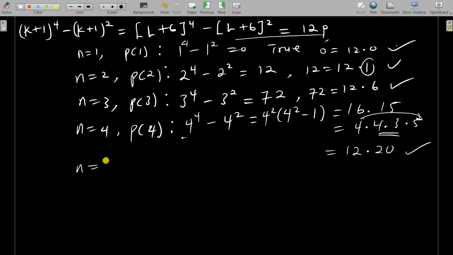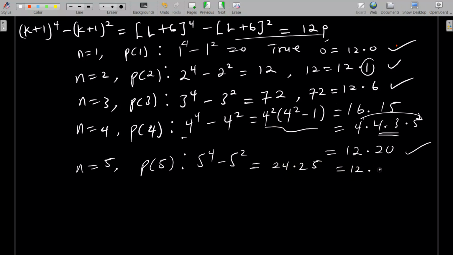When you do n equals 5, you realize that P of 5 is the same as saying 5 to the power 4 minus 5 squared, and if you do it well, you're going to get something like 24 multiplying 25. If you follow this same thing like I did, this is the same as 12 multiplying 2 multiplying 25, which is 12 multiplying 50. This is also true.